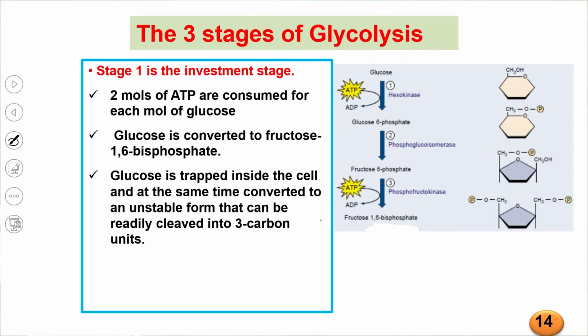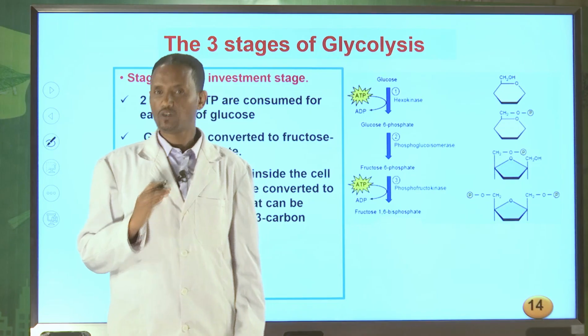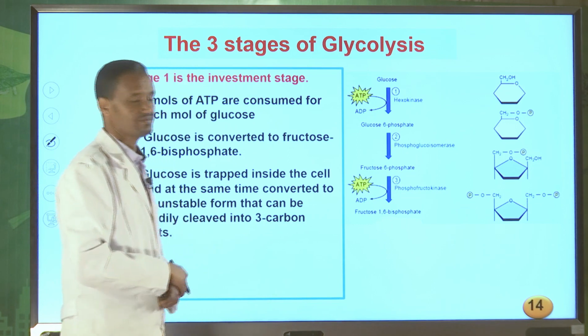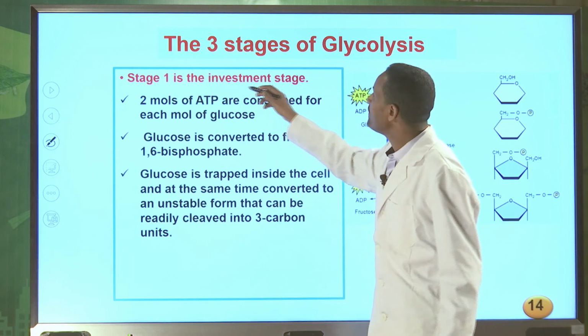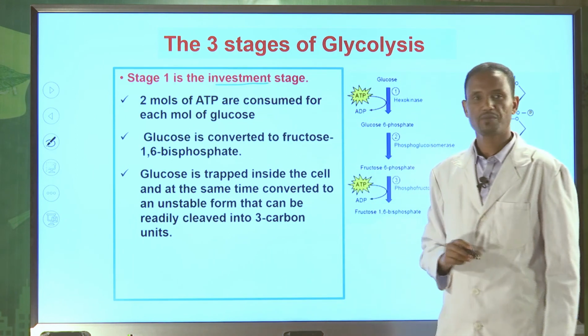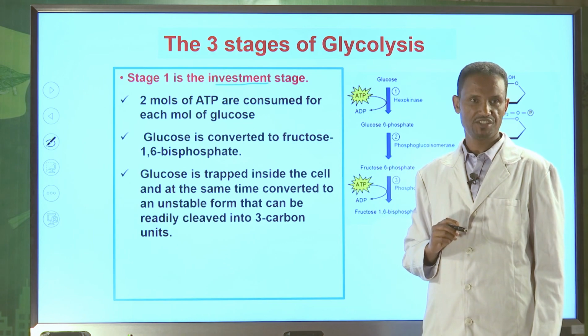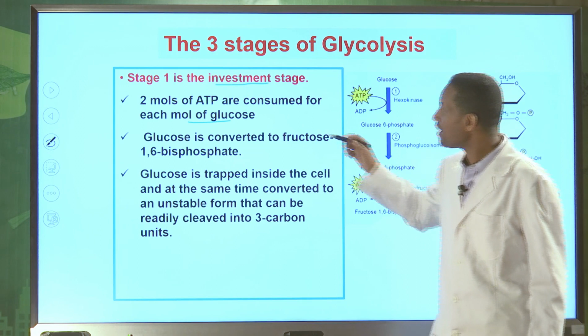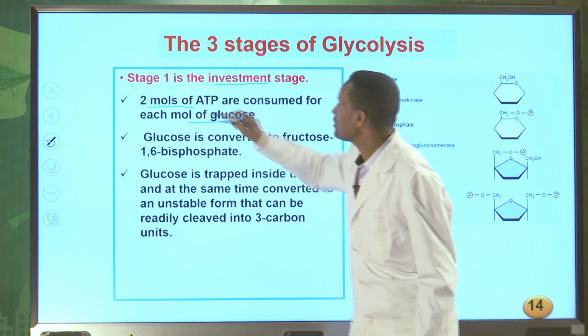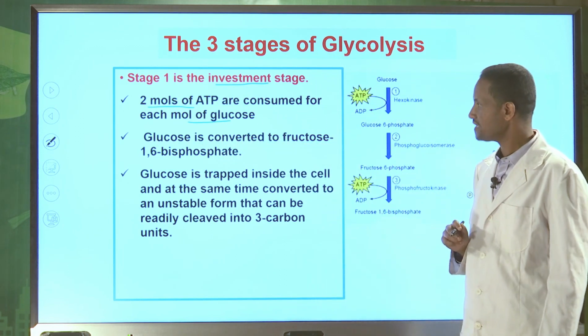Glycolysis has 3 stages. Stage 1 is the investment stage. Why is it called the investment stage? Because at this stage, 2 molecules of ATP are consumed for each molecule of glucose that is broken down.